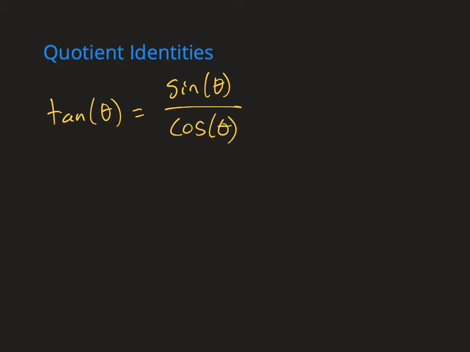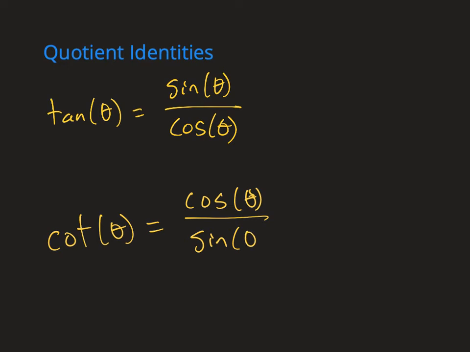Again, you probably already know that, but we're formalizing this and making sure that you know that this is an identity now. And then, similarly, the cotangent of theta, since it's the reciprocal of the tangent, it's going to be the reciprocal of the fraction, the quotient, which would be cosine of theta over sine of theta. So these two facts are called the quotient identities. And again, as you're looking at these identities, they're equations, and one side looks complicated and the other side looks simpler.